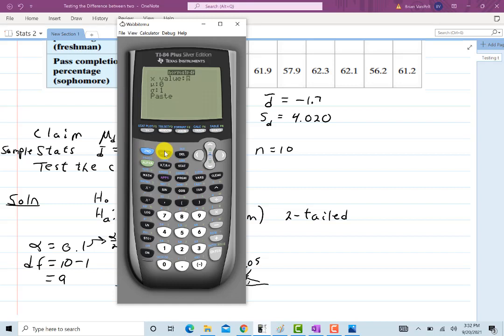And you've got to watch this. Let me get back to it. Number 4, inverse t. All right, so the area is 0.05. The degrees of freedom is 9. Enter your way out. And I get negative 1.833. So let me write this down.